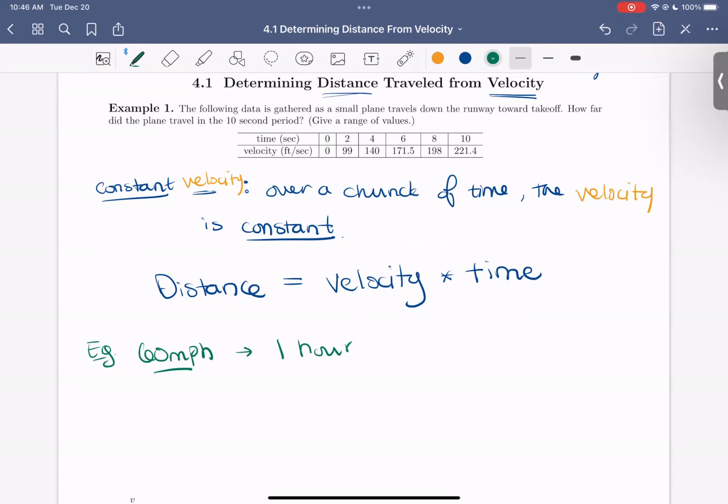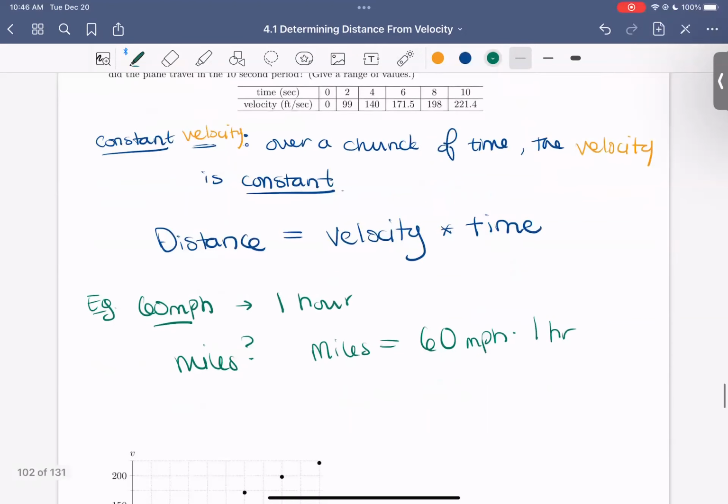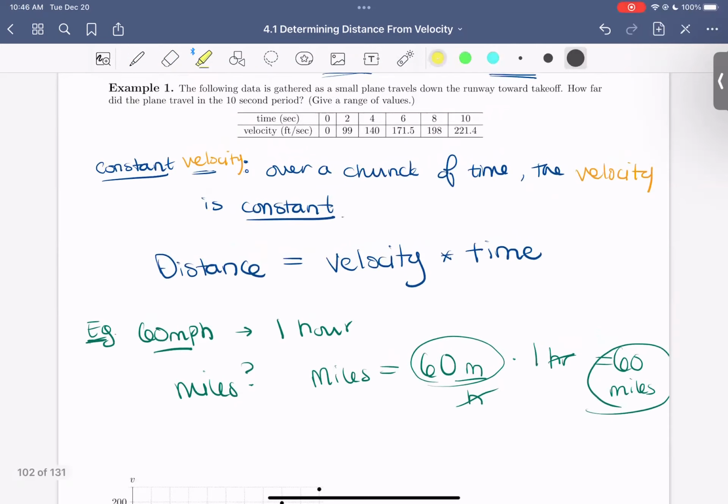Then to determine how many miles you traveled, you would compute the miles would equal that rate times the 1 hour. And notice our units here would cancel. 60 miles per hour, we could represent that with a fraction here. So we could say miles over hour, times 1 hour, hours cancel, and we get that we traveled a total of 60 miles.